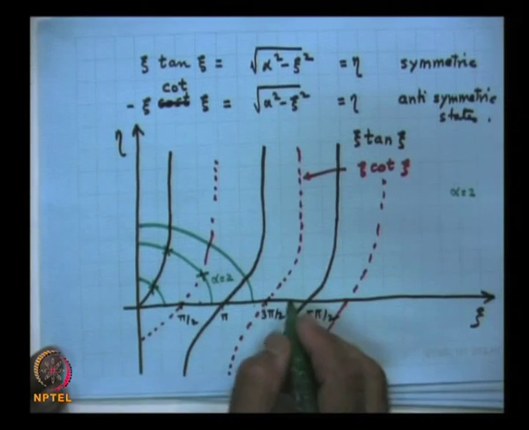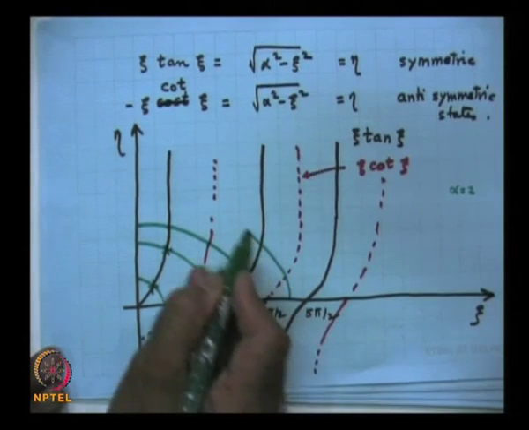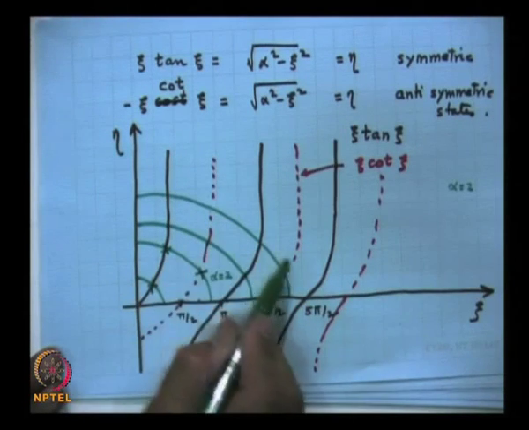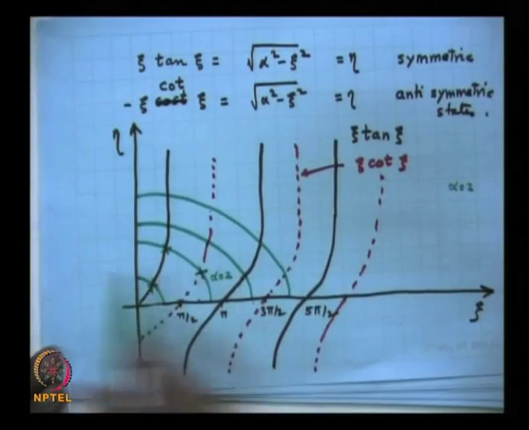And let us suppose alpha is 6, then you will have to draw a radius of 6, then there will be two symmetric states and two anti-symmetric states. As the value of alpha becomes larger and larger, that is, as the value of V0 becomes larger and larger, we will have larger and larger number of discrete states possible.